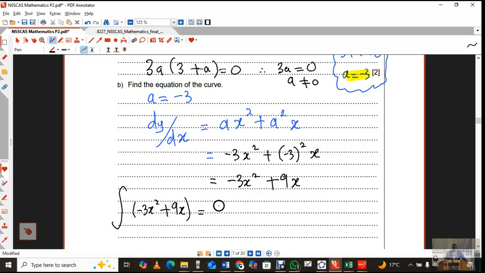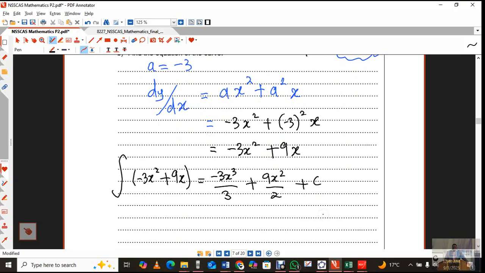So add 1 to the power, that's negative 3x cubed, divide by that power, plus 9x, add 1 to the power, divide by that, plus the constant of integration. You can clean it up a bit. This is going to be nothing but minus x cubed. Let's leave this one as 9 over 2 x squared plus the constant of integration.